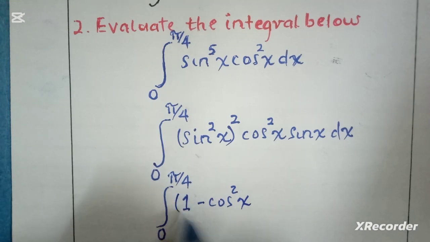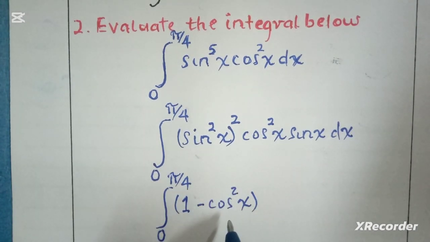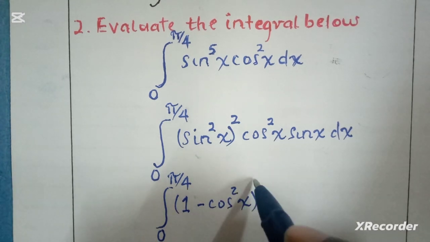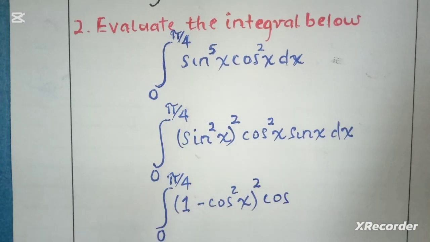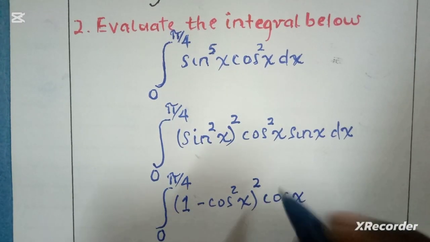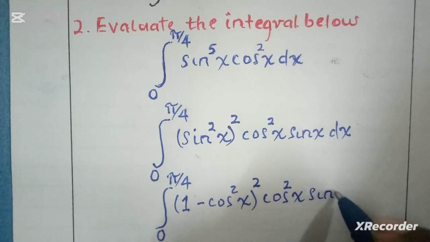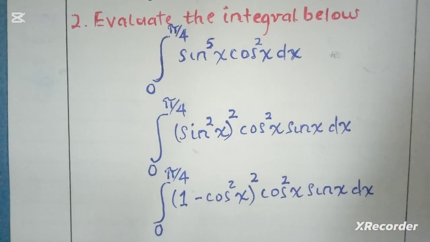All of you know that sine squared x is equal to that. That comes from the equation cos squared x plus sine squared x equals 1. So when you manipulate, you get something like that. This is squared. And then we have cos squared x. Then finally you have sine x dx, like that guys.